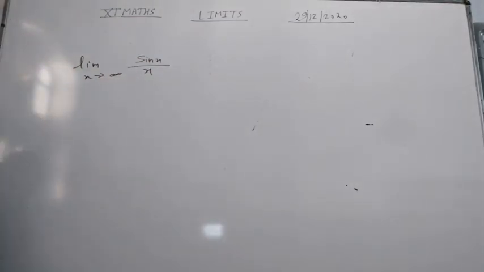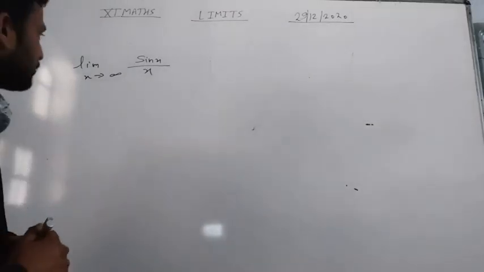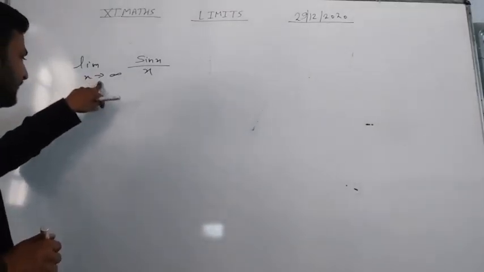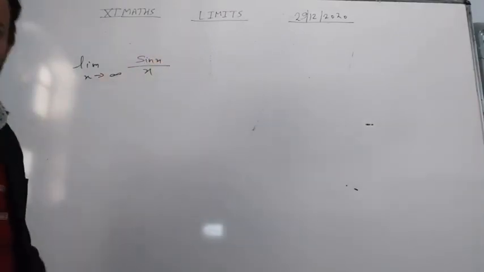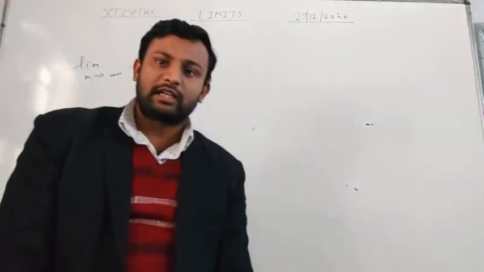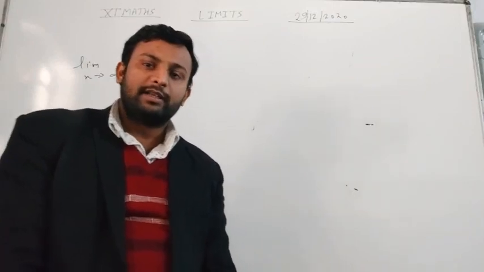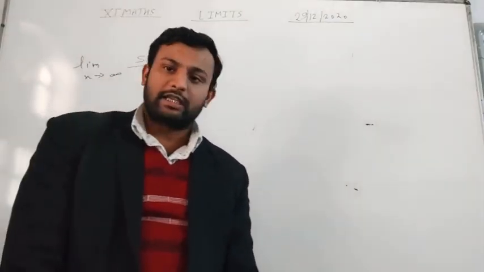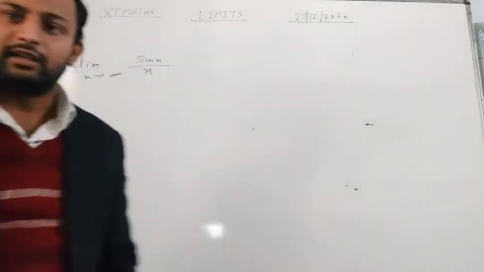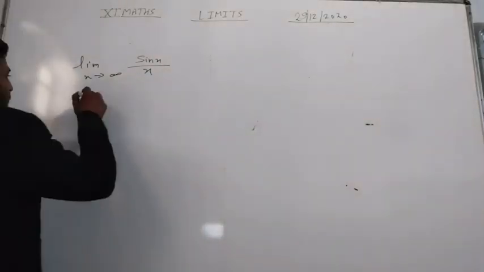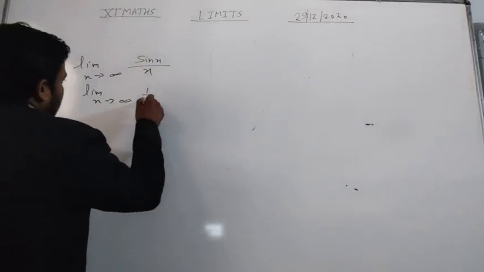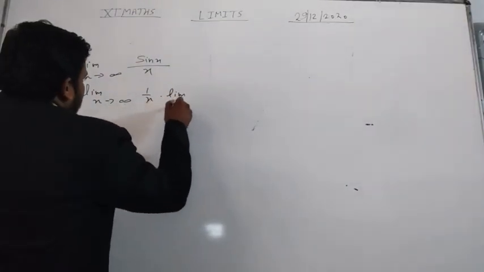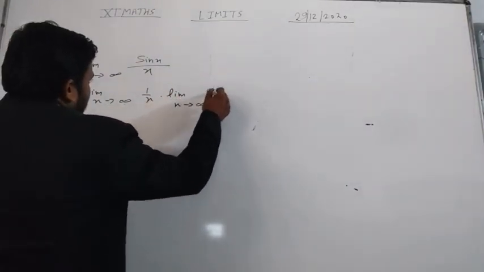Okay student, we know that if the limit x tends to 0, then sin x by x is equal to 1. This is a standard result. But if we take x tends to infinite, then the result will change. We write limit x tends to infinite 1 by x, limit x tends to infinite sin x.